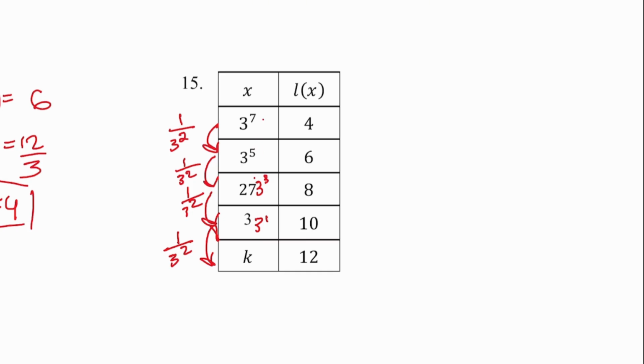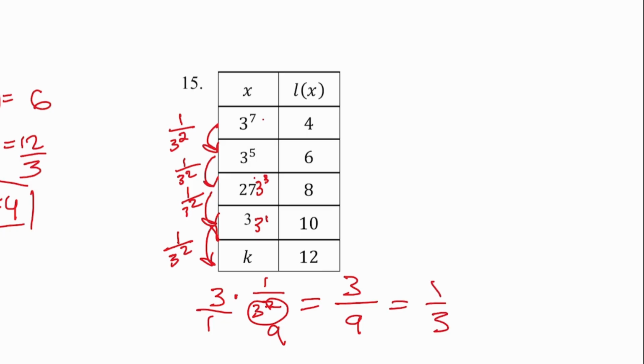So now we have 3 times 1 over 3 to the power of 2. So we can add 1 here, and that gives us 9 times 1 is 9, and then 3. So that's just 1/3. And if we look back, we know the exponent of the previous one is 1, because it's 3 to the power of 1, and 1 minus 2 is -1.